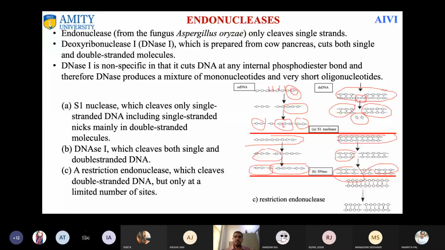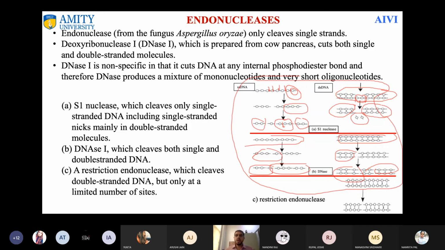Now another type of endonuclease is also there. In the first two types, there is no specificity about where they are going to produce a cut. We just know that they cut at least two nucleotides inside, because from two nucleotides inside we start calling it an endonuclease.